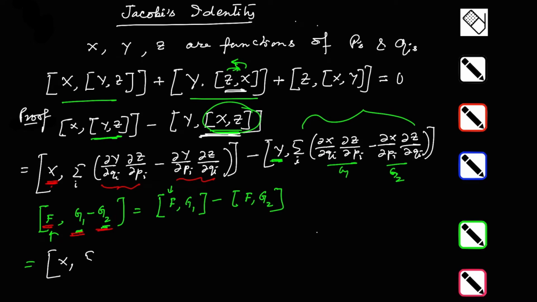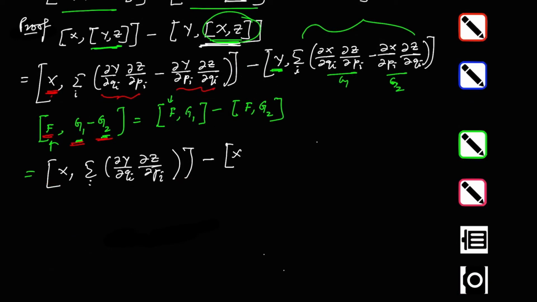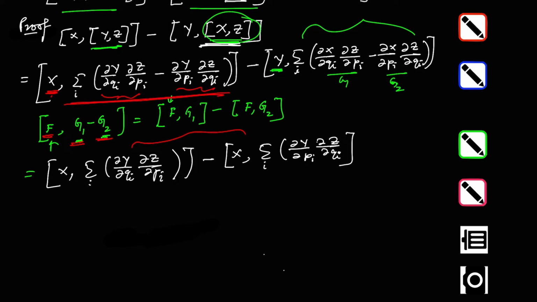Applying this, the Poisson bracket of x and the summation of del y by del qi, del z by del pi, minus the Poisson bracket of x and the summation of del y by del pi, del z by del qi. Okay, this part is obtained from this part. Similarly, from this part we obtain two more expressions.